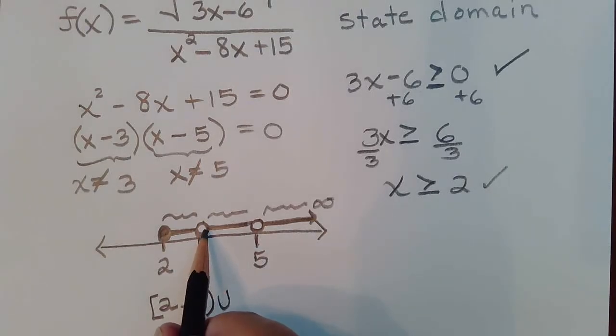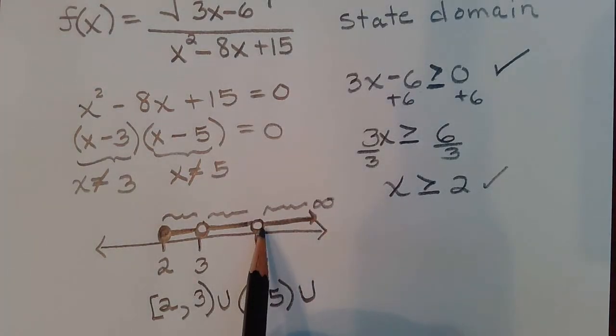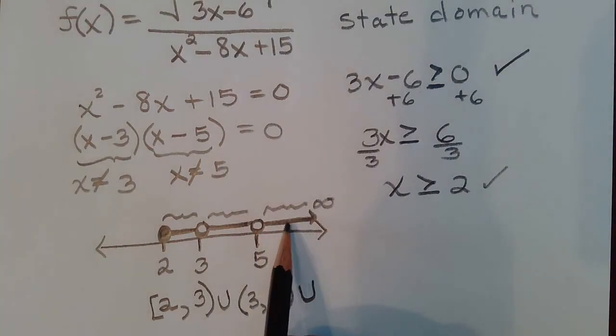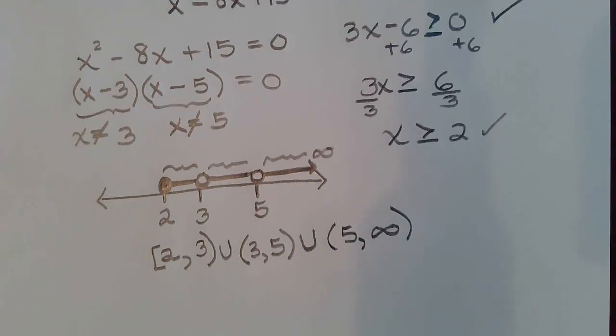Then state that all the values from 3 to 5 are allowable, not including either of those endpoints. Jump over the 5 using another union symbol and state the other interval numbers that are allowable from 5 to infinity, not including the 5, and then all infinity symbols have an open interval notation around them. And that is the domain.